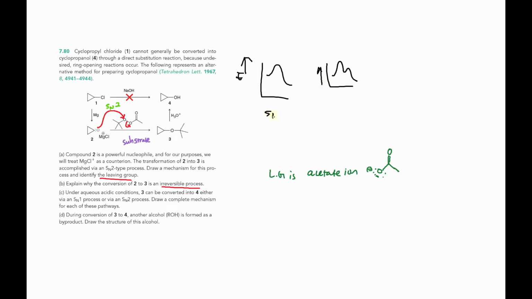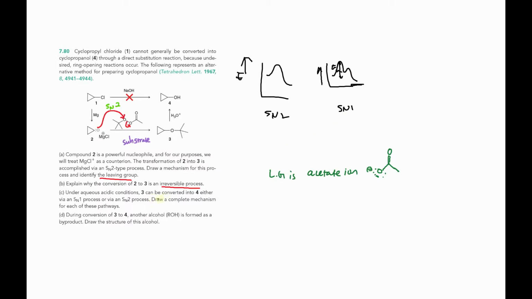So this is SN2, that's why we have one step, and here we have two steps, because there is a leaving group that determines our activation energy. Then we're going to have a carbocation intermediate, and then finally there will be nucleophilic attack.